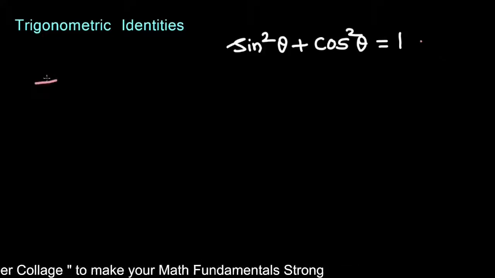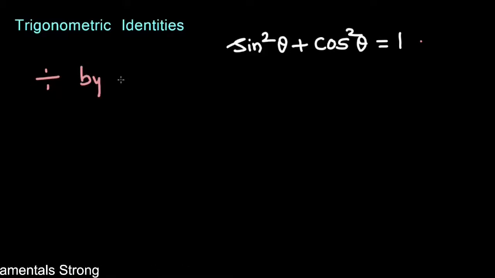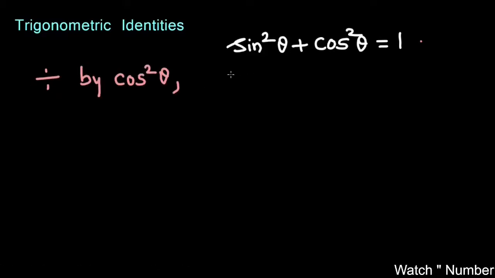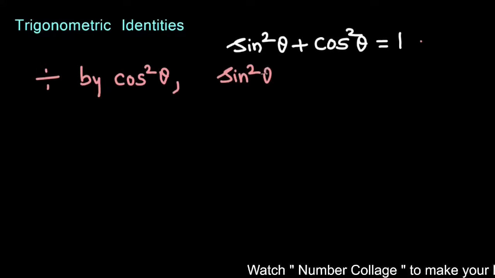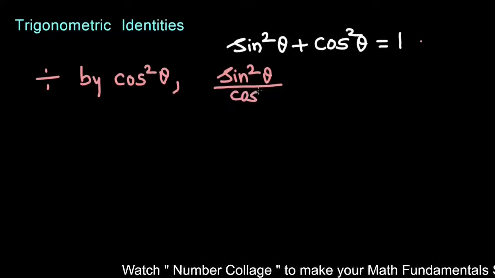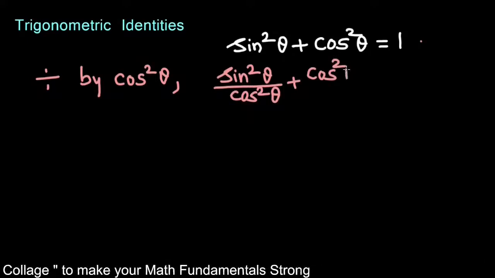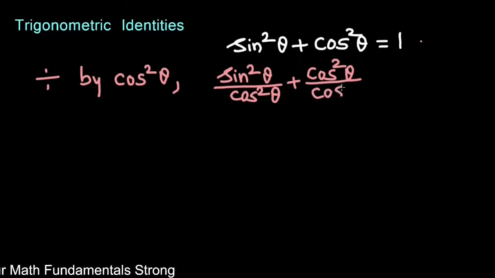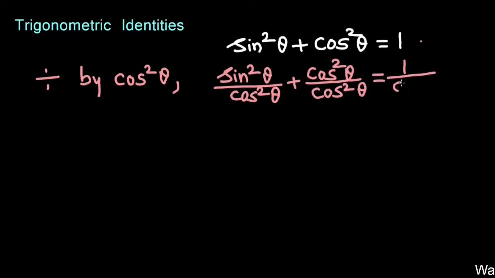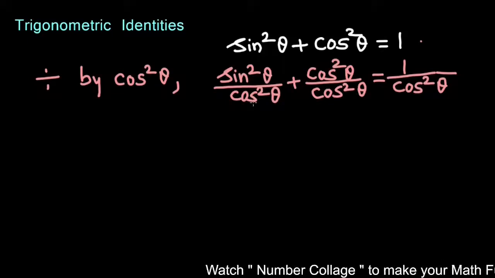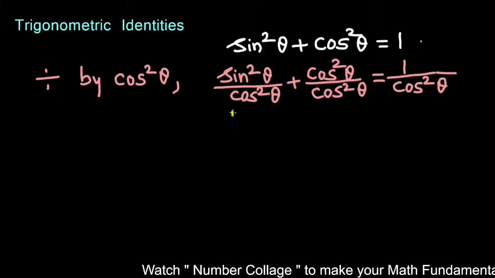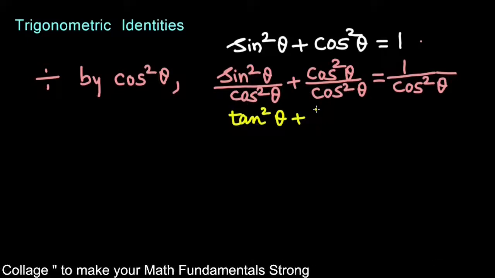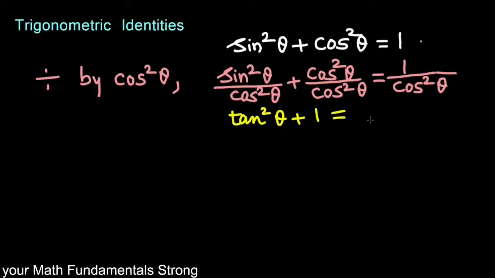First, we will divide this identity by cos square theta. So that gives us sin square theta by cos square theta plus cos square theta by cos square theta equals 1 upon cos square theta. Now sin square theta upon cos square theta is tan square theta, plus 1 equals 1 upon cos square theta, which is sec square theta.